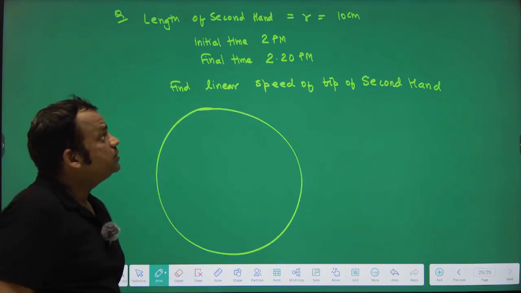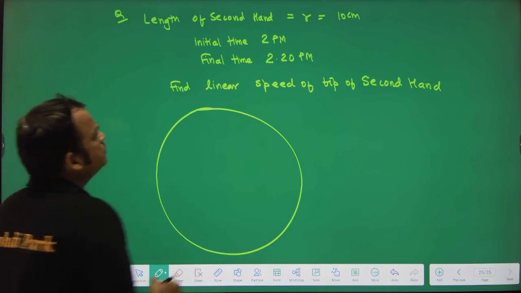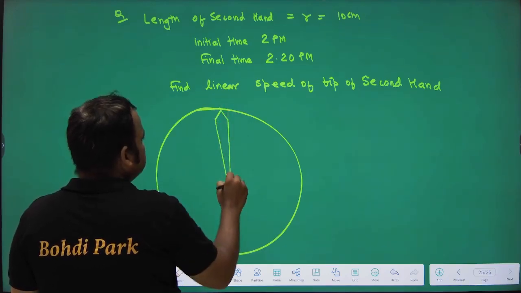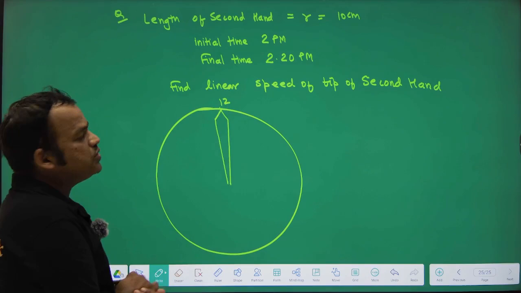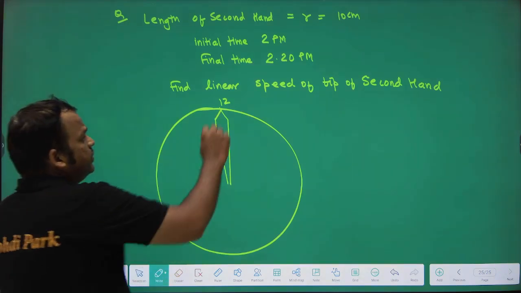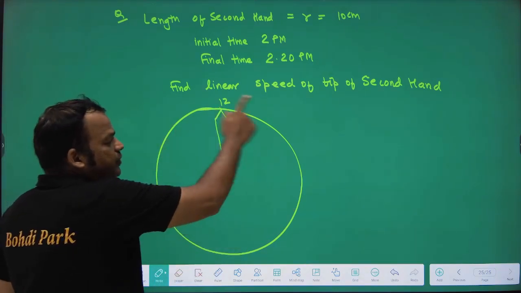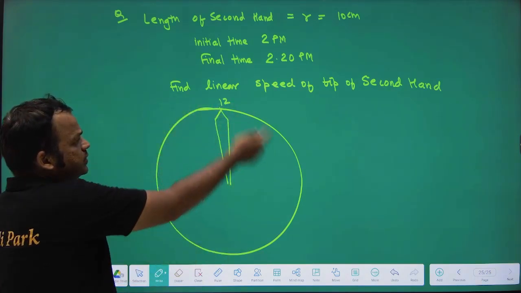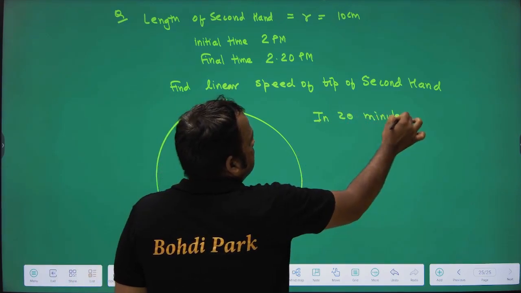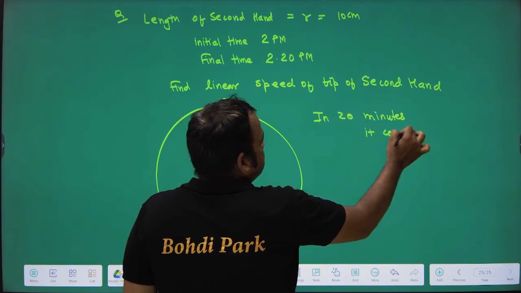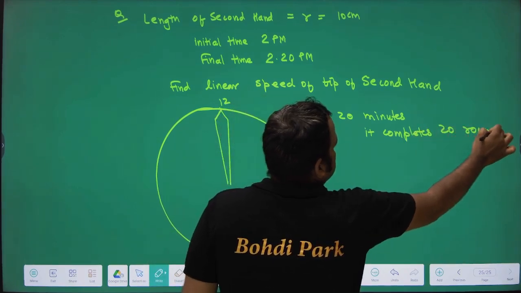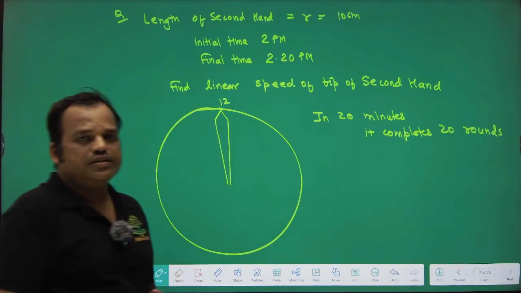So when the time is 2 p.m., the second hand will be at 12. When the time is 2:20 p.m., that means after 20 minutes. So 20 minutes, it will cover 20 rounds like this. So in 20 minutes, second hand completes 20 rounds, because in 1 minute it completes one round.